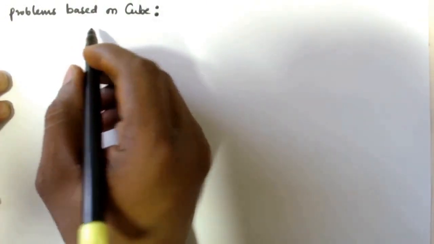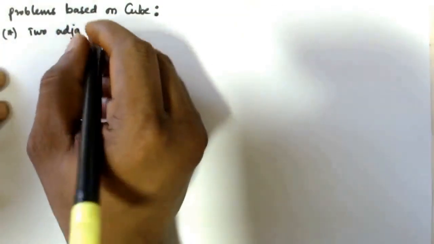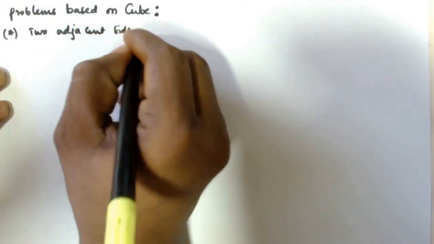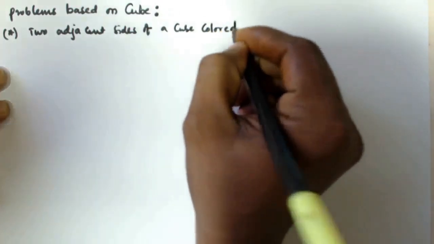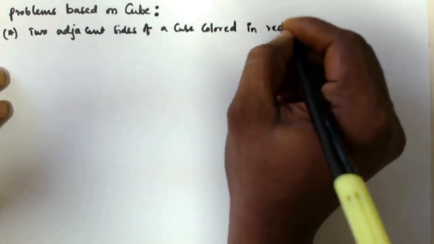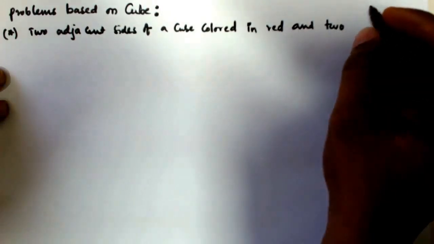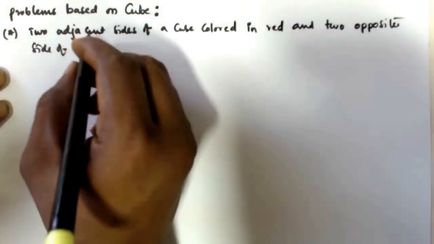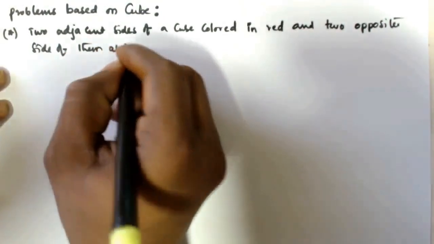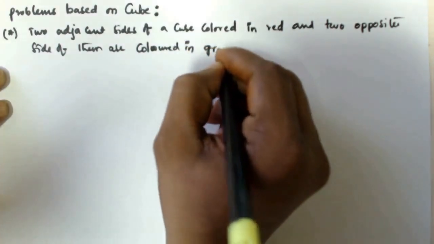Hello friends, in this video we will see another problem based on cubes. So the problem is: two adjacent sides of a cube are colored in red and two opposite sides of them are colored in green.